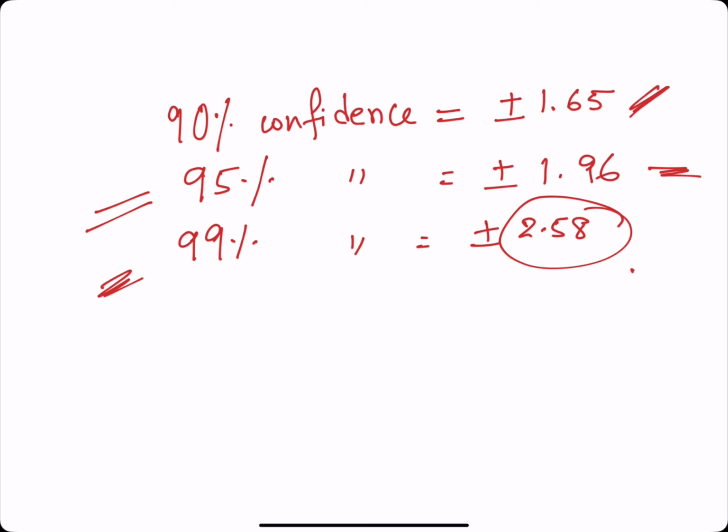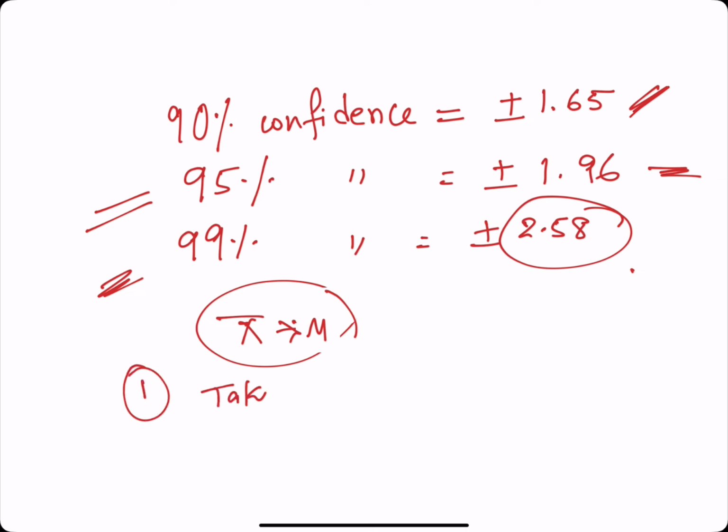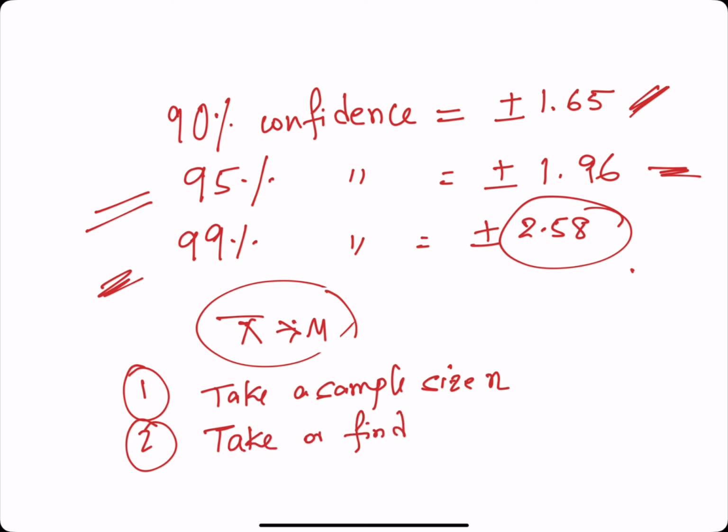So, to reiterate how to go from sample mean to population mean, we can do the following steps. Number 1 is take a sample of size n. Number 2 is find the mean of the sample and the standard deviation.